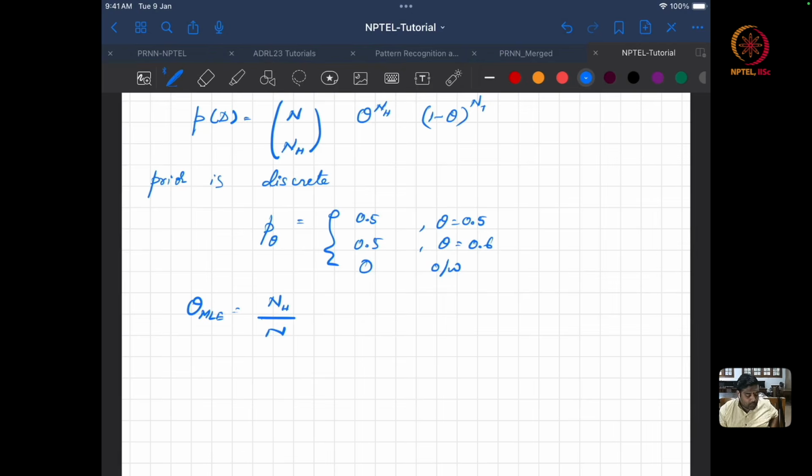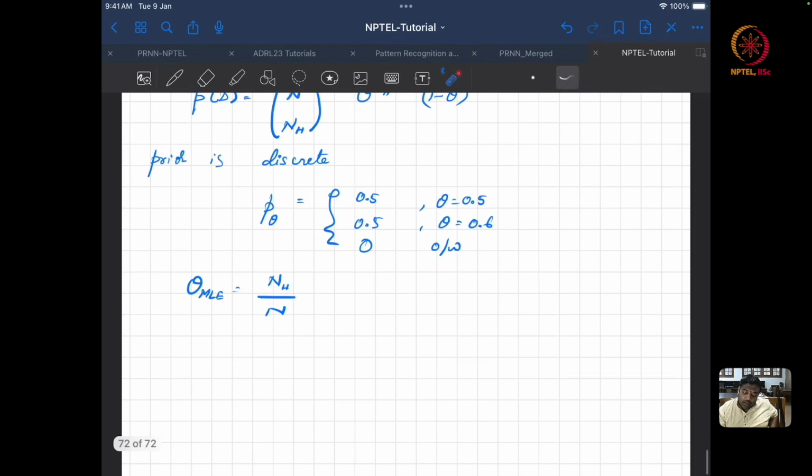We all know that theta MLE in all these cases will be nh by n. Now guess the MAP. You should remember in the Bayesian setting, P of theta given D is proportional to P of D given theta times P of theta.